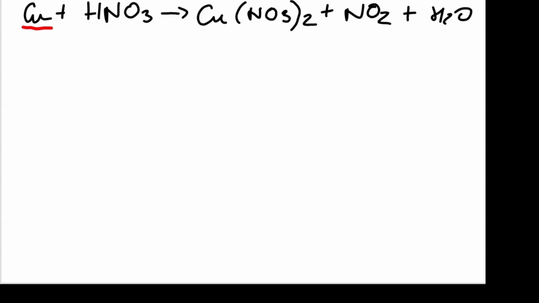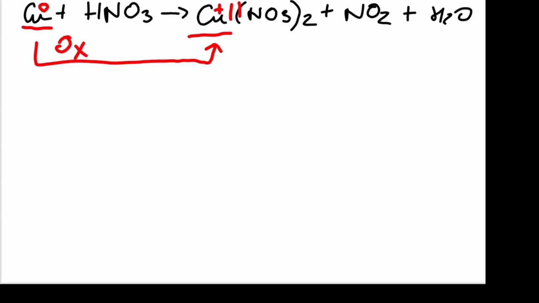In the products we also have copper, and here in this salt, copper nitrate, the copper oxidation state is equal to plus 2. So we found the atom that undergoes the oxidation reaction.